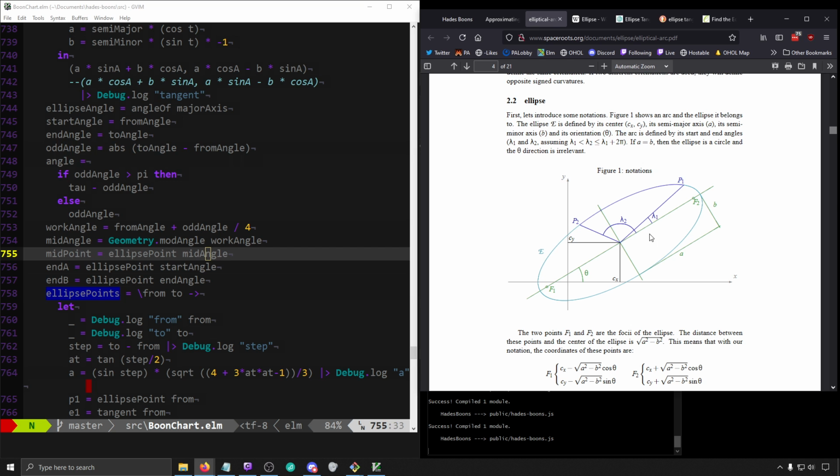Maybe the idea is, pick some arbitrary circle, you can still have angles within a circle.